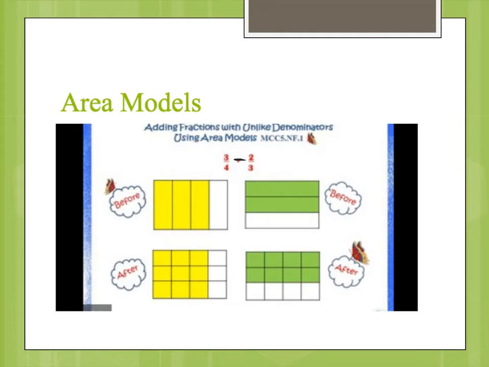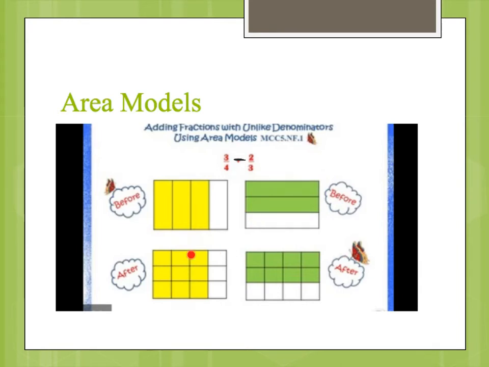I don't have the same denominator, which means I can't just subtract right off the bat. So these are my two area models that I drew to represent my fractions. 3/4, I have 4 parts here and 3 parts shaded. And 2/3. So I have 3 parts and 2 of them are shaded.